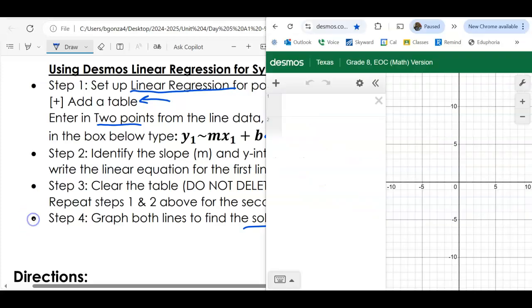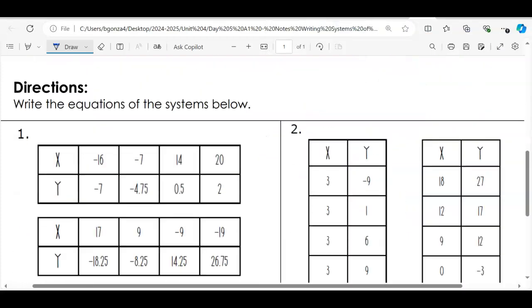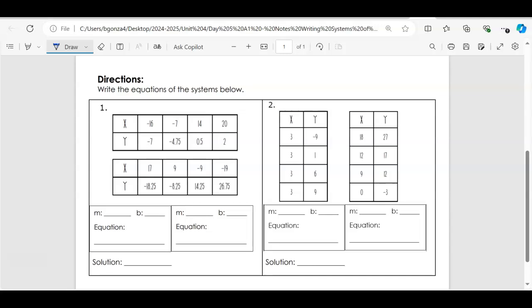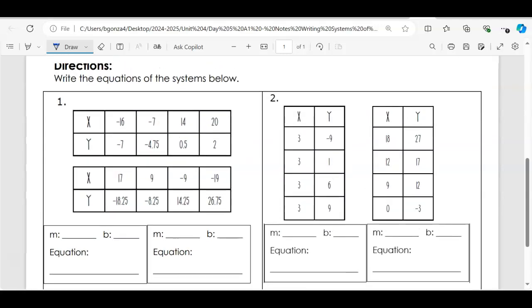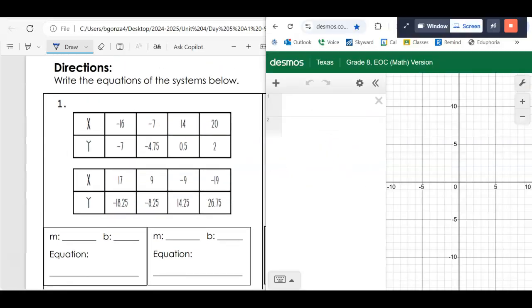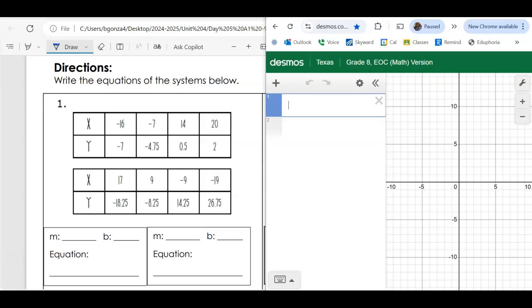One sec. Okay, so let's look at this first example. All right, so here's what I do. When you open Desmos from the launch pad, that way it's this specific version, you hit the plus sign right here, where it says add an item, and you click table. Now, here's the trick.